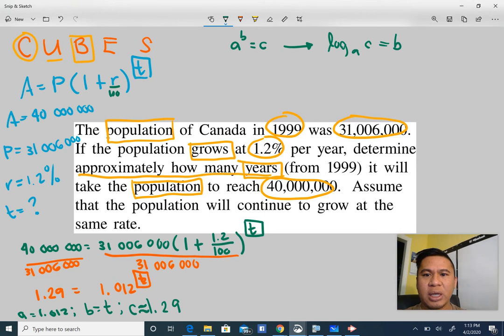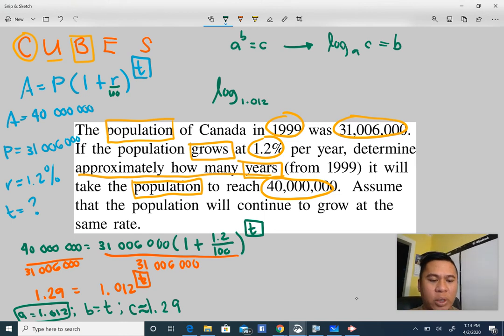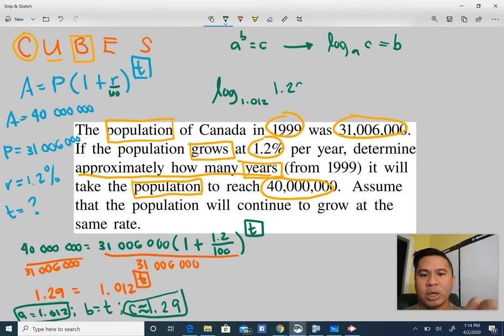So to express it in logarithm, it can be written as follows: logarithm base A, which is 1.012, of C, which is approximately 1.29, and that will be equal to my time T.